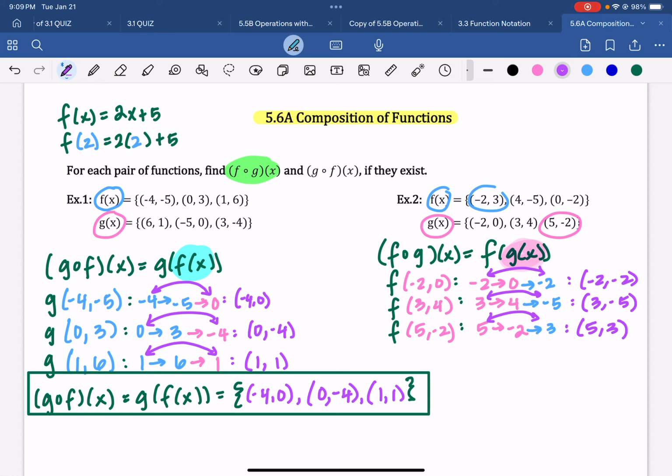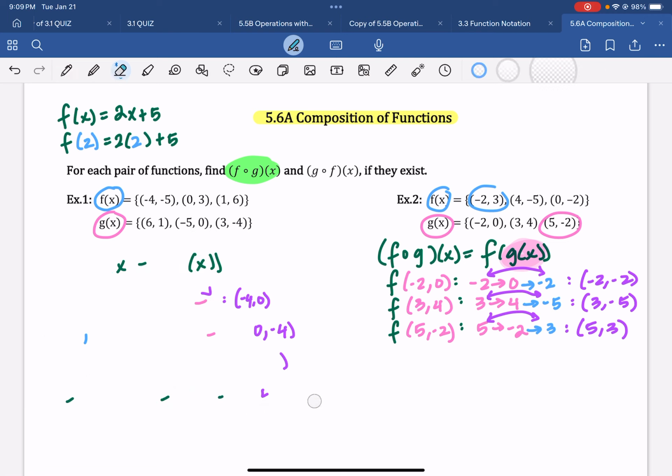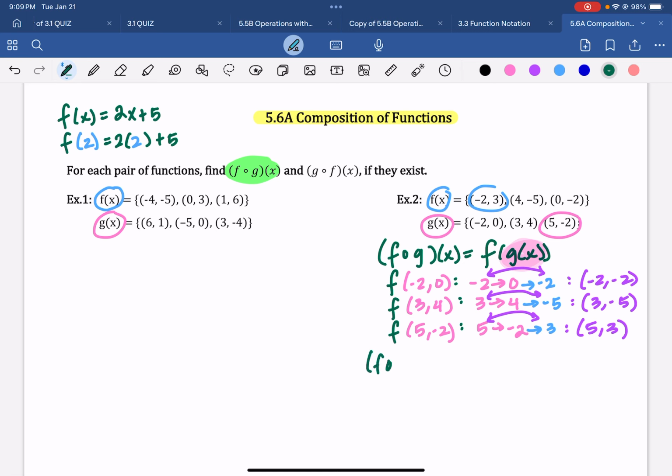All right, so I'm going to erase the previous problem for space purposes. And our answer for the first half of this question, f circle g of x or f of g of x, you don't have to write both. You can pick which one makes more sense to you.